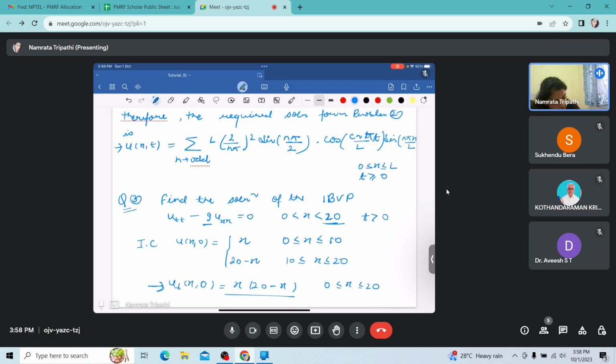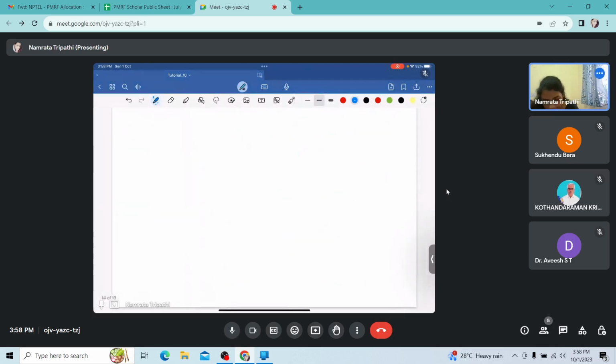Then the left hand side is x(20 minus x), given by the second initial condition, and this is the second initial condition, whereas x is from 0 to 20.